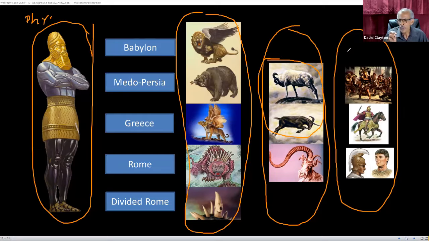Because in Daniel chapter 12, I think it is verse 4, it says, "At that time shall Michael stand up, the great prince which standeth for the children of thy people, and there shall be a time of trouble such as never was since there was a nation to that same time. And at that time thy people shall be delivered, everyone that shall be found written in the book."